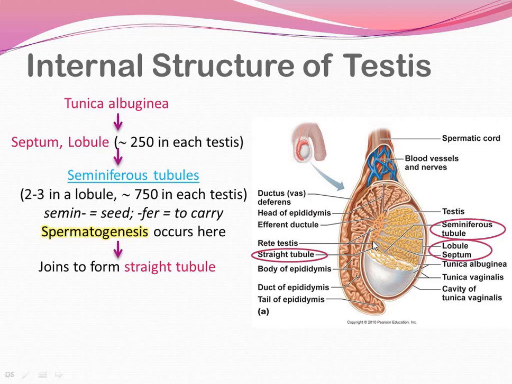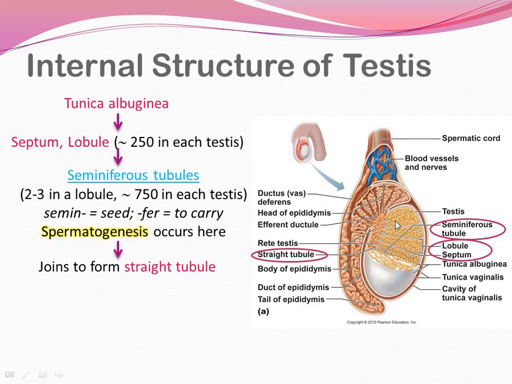That time is provided by all these structures which we are going to discuss from now onwards. Until they move towards the urethra, the vas deferens will carry them to the urethra. Before they reach the vas deferens, they should attain functional maturity, and that functional maturity is provided by all these structures. Okay, so that is what we are going to discuss.